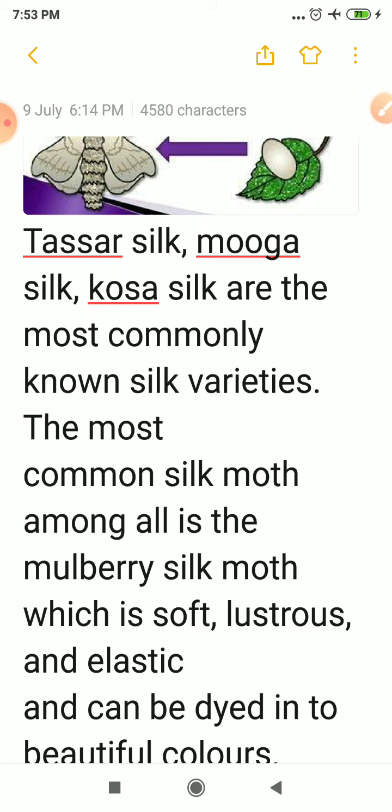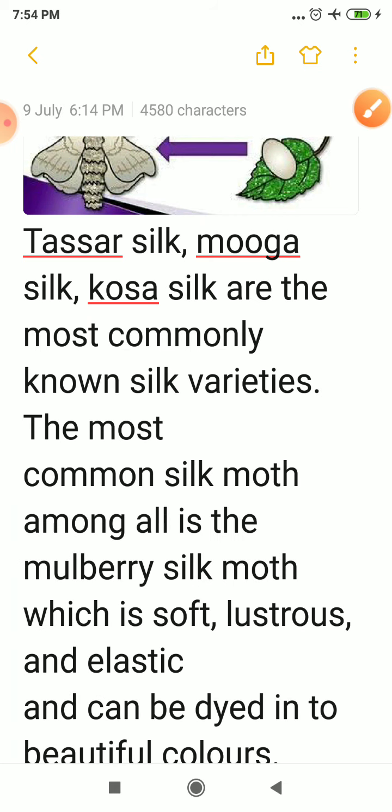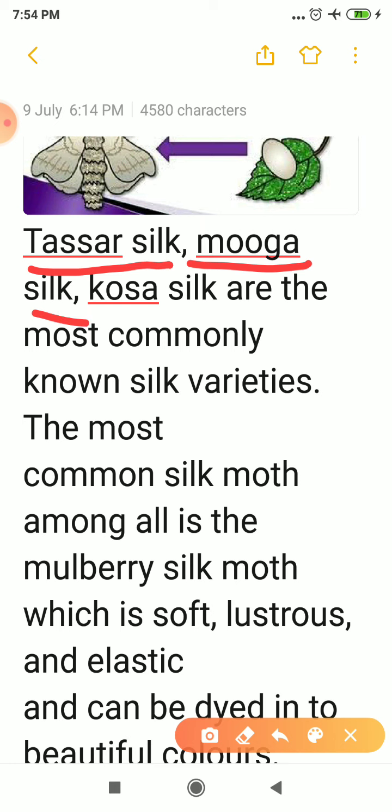There are a variety of silks. Some of the varieties are Tassar silk, Munga silk, and Kosa silk, the most commonly known varieties of silk.